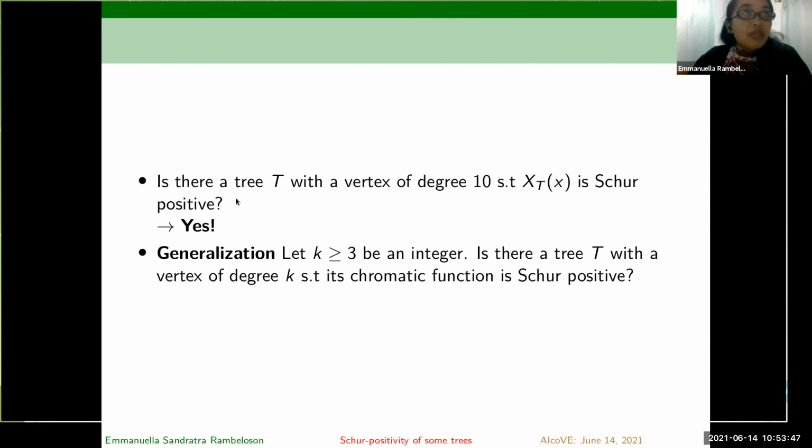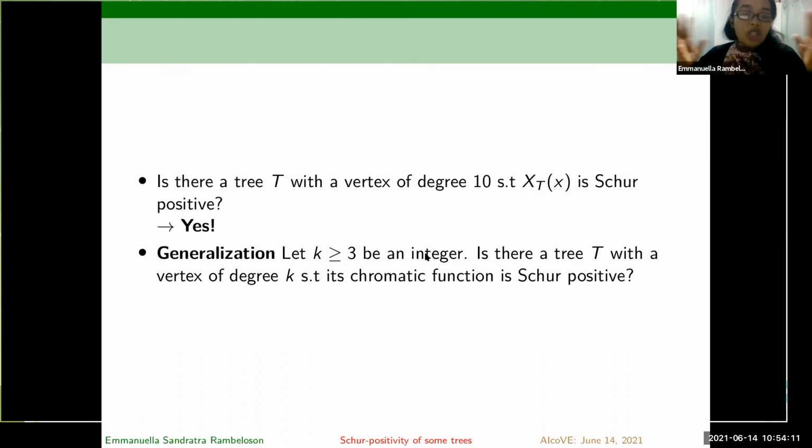If the number of vertices of T is 20, then we have seen that we cannot find such a T. However, when the number of vertices of T is 21, the answer is yes, which means that we can find a tree T on 21 vertices with a vertex of degree 10 such that the chromatic symmetric function of T is Schur-positive.